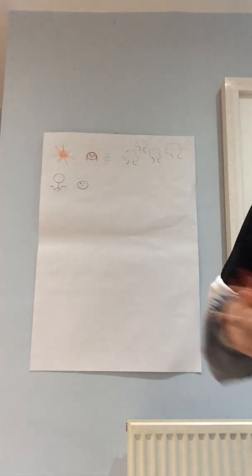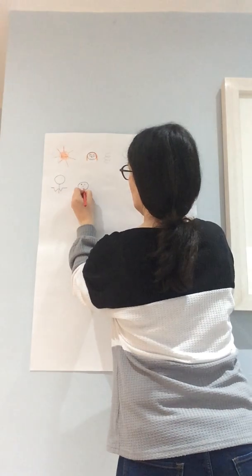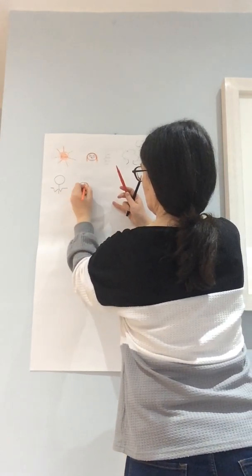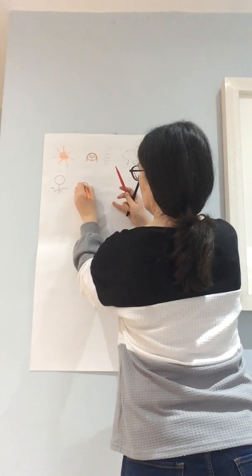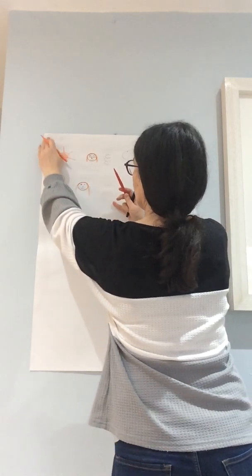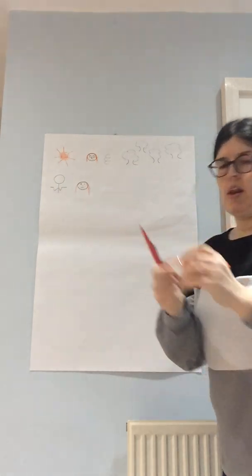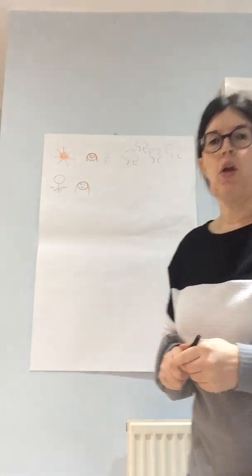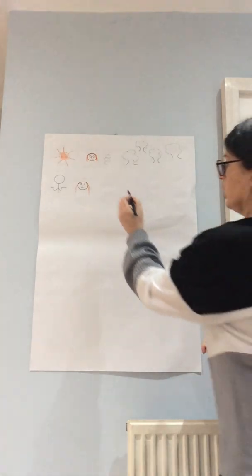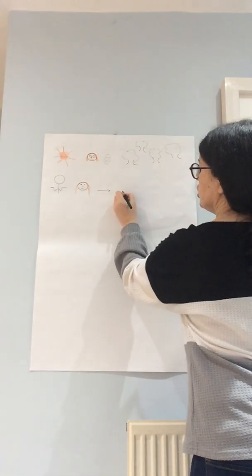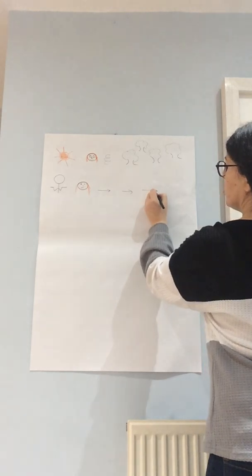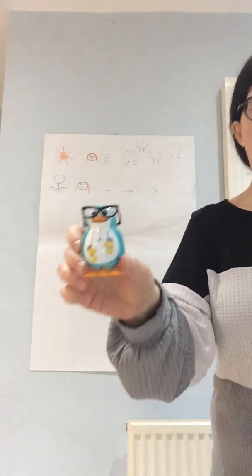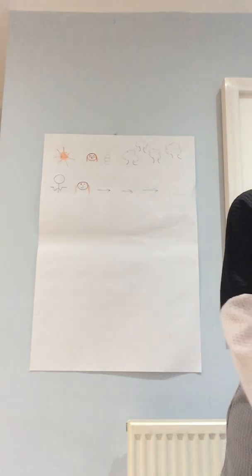The little girl, she's not looking so happy this time because she's lost. Unfortunately, the little girl got lost. So she walked and she walked and she walked until she met a penguin.